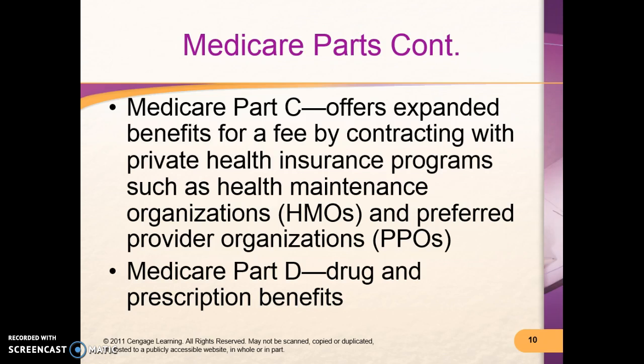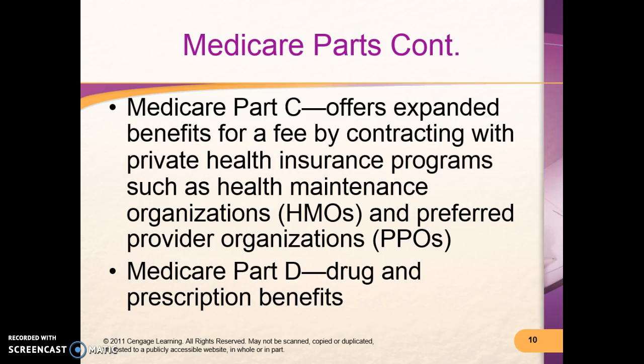So the Part D is typically what you're going to be dealing with in pharmacy, although sometimes you may be dealing with Part B as well, depending on what type of item they're working on.